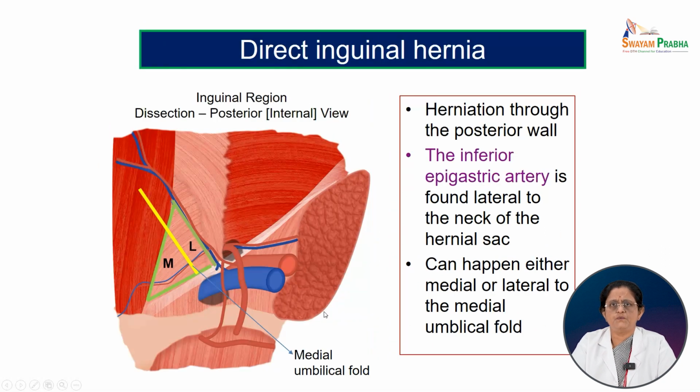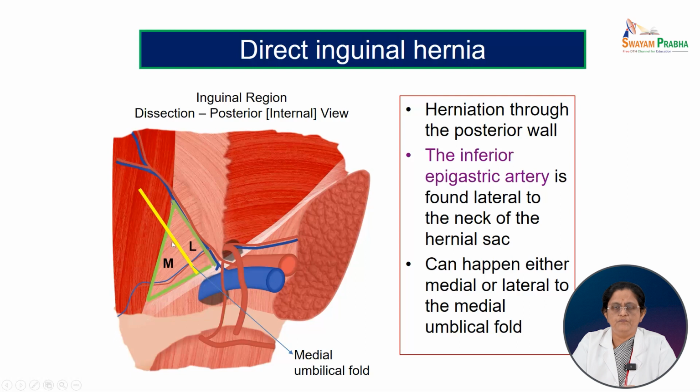Coming to direct inguinal hernia, this picture on the left is showing a dissection of the inguinal region, which is an internal view. We are looking at the anterior abdominal wall from the inside. And what you are clearly seeing is Hesselbach's triangle, the green colored triangle shown in this picture, bounded by the inferior epigastric artery, lateral border of rectus abdominis and the inguinal ligament.